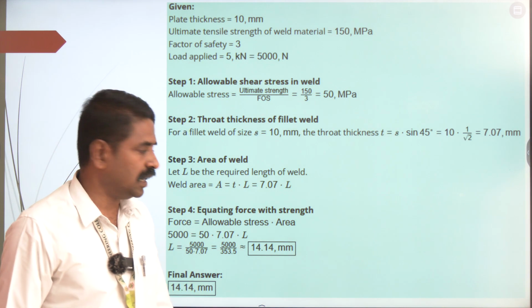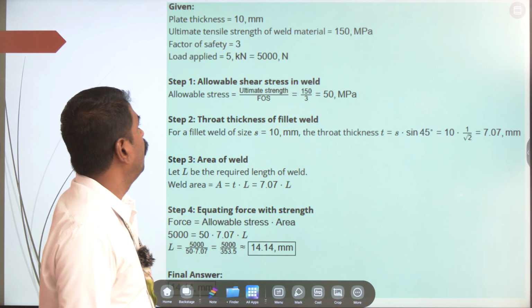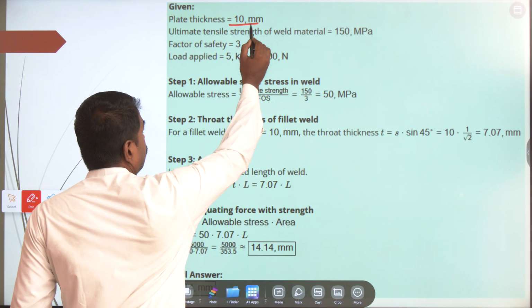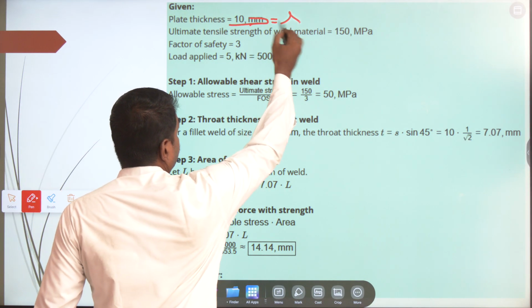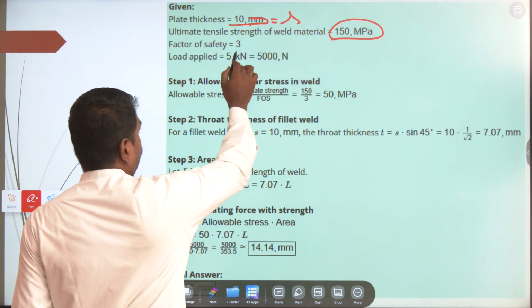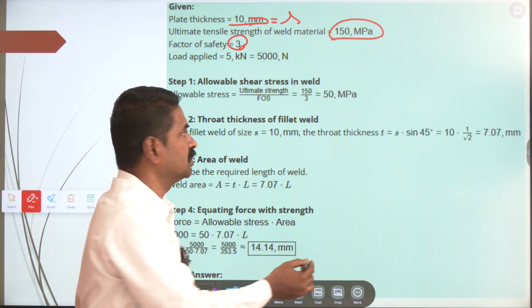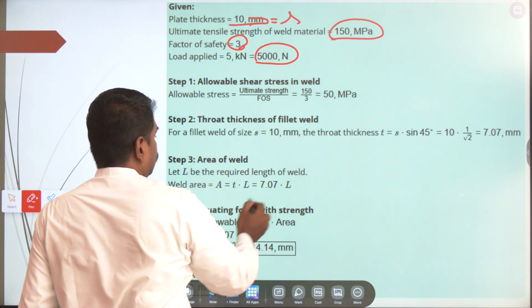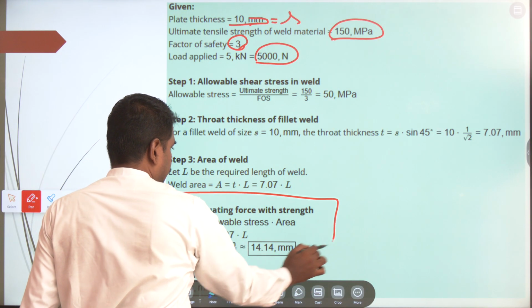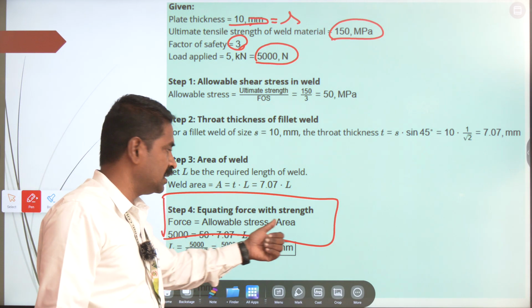From the given data, what you are going to take is the plate thickness, which is 10 mm, equal to S. Then ultimate tensile strength, you have 150 megapascal, write it down. Then factor of safety, then load applied, which is your force. Take it as 5000 Newton. So go to this formula, equating force with strength. Force is equal to allowable stress into area.